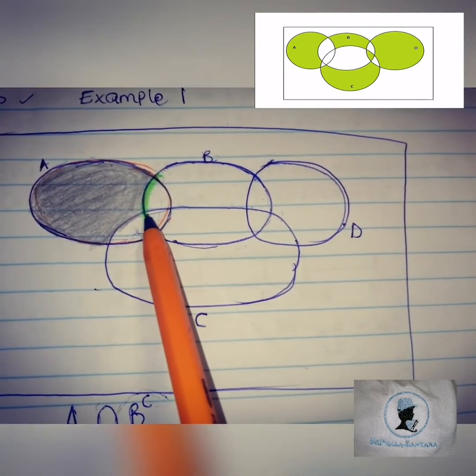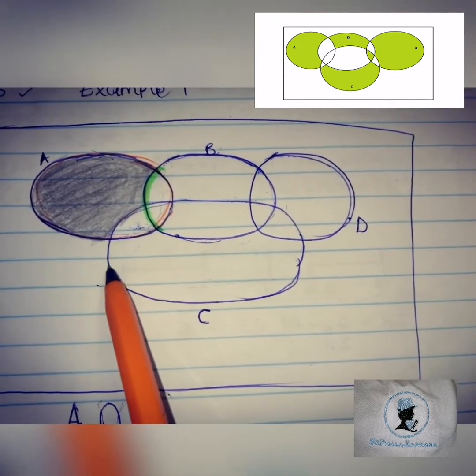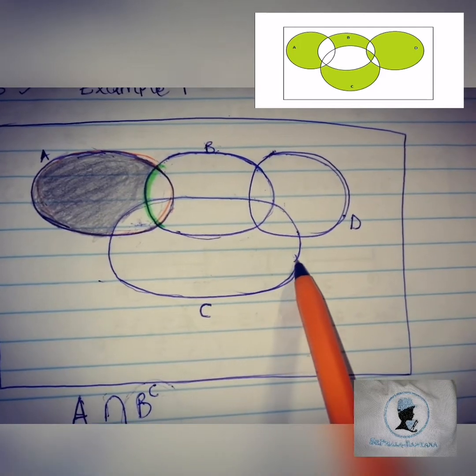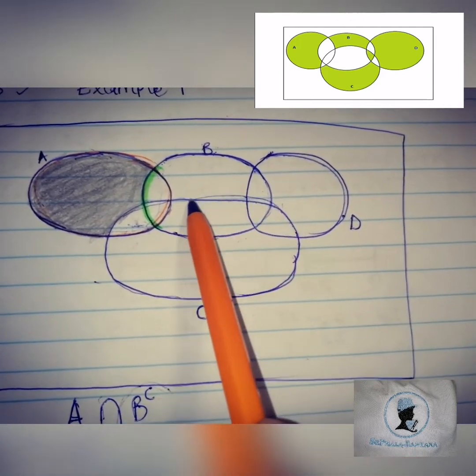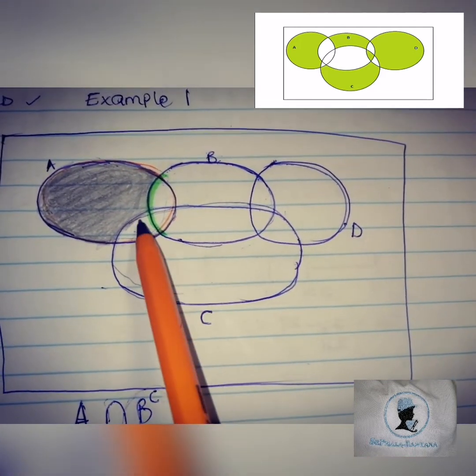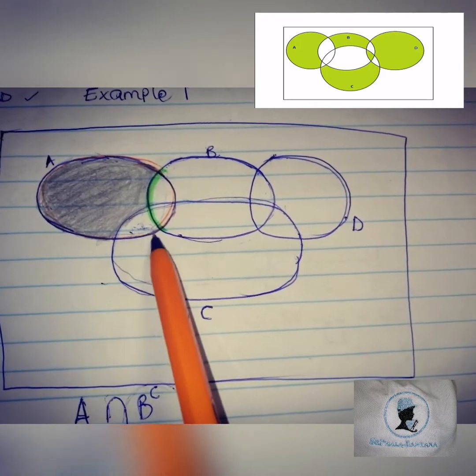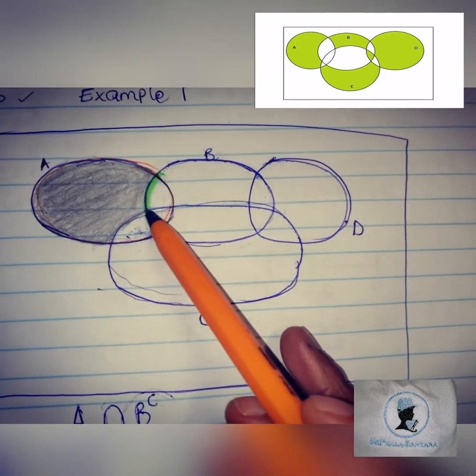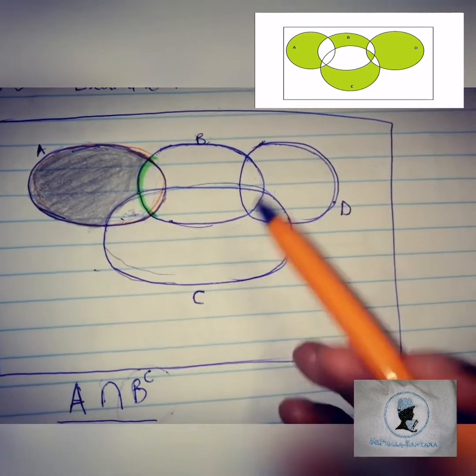You can see that this part is part of the set C, so it's where A and C intersect. So now we also have to account for this part.